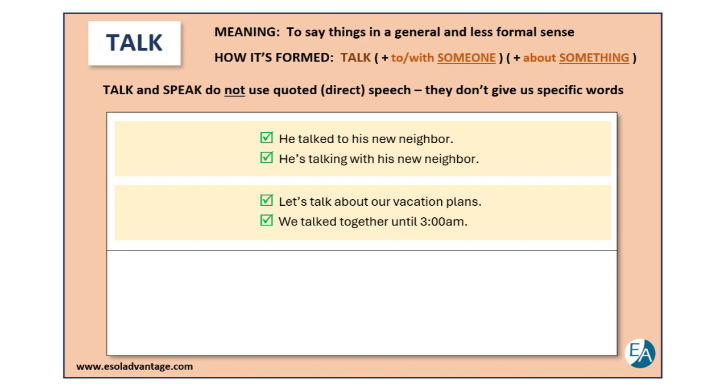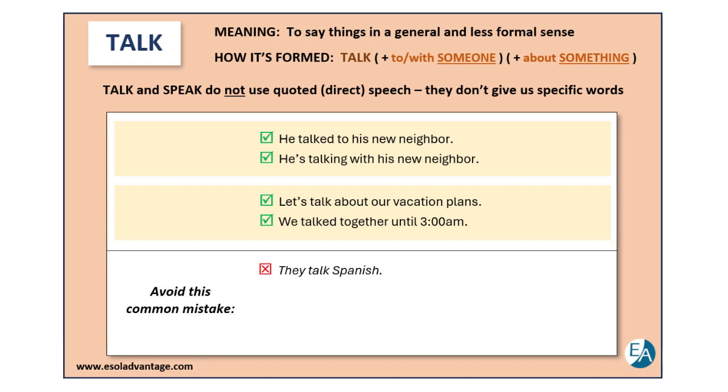The second sentence, we talked together until 3 a.m., doesn't give us a specific someone or a specific something. It's just we talked together. And then for how long did we talk together? When you're using talk, avoid this common mistake.